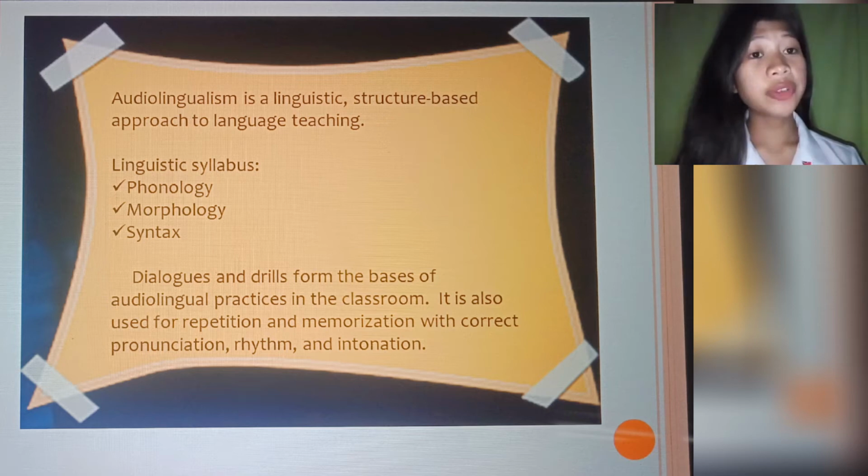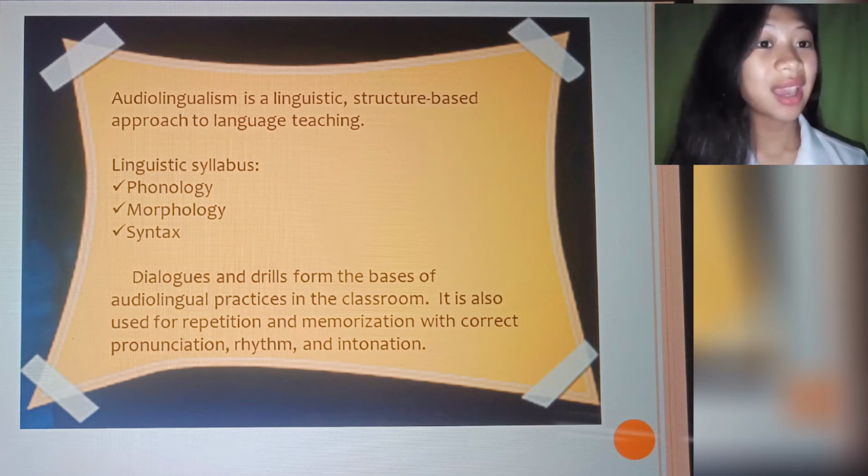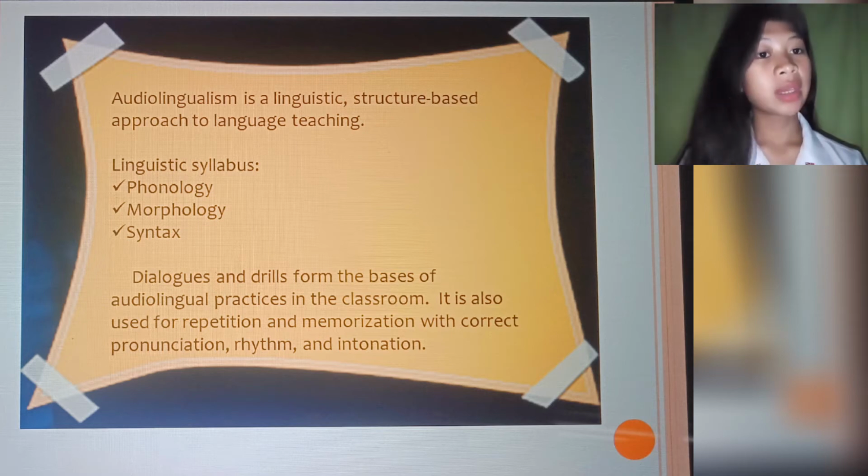After the dialogues are presented, they become the focus of various kinds of drills and pattern practice exercises. So now, let's discuss the kinds of drills in the audiolingual method.